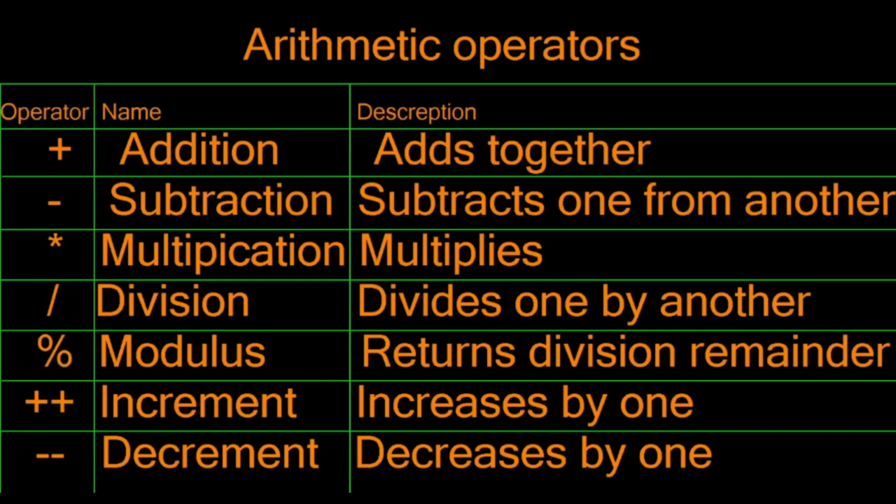So now let's get started with the arithmetic operators, and the first one, which is the addition. Here it is. What can it do? Well, it adds one value to another and makes the result based on the two values.